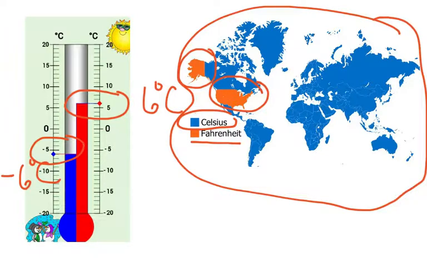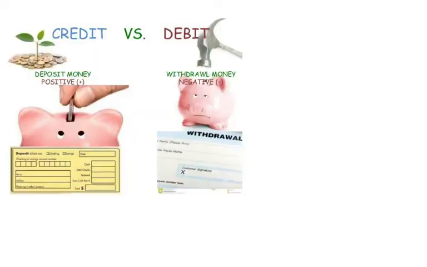So if you went to another country, you're going to see a different degree measure. If they say it's 6 degrees Celsius somewhere else, don't think of it as 6 degrees like we would think about here. You would have to use a conversion, which you can get on your phone or whatever. But that's just another example of something using positive and negative integers.